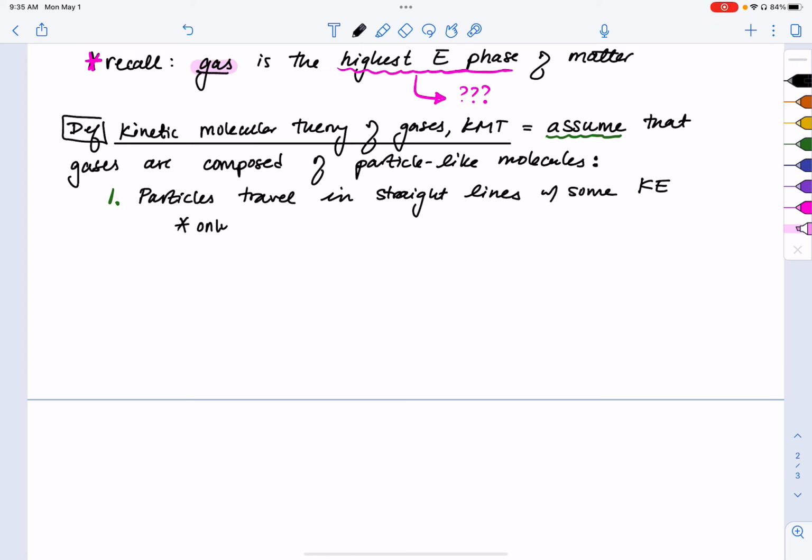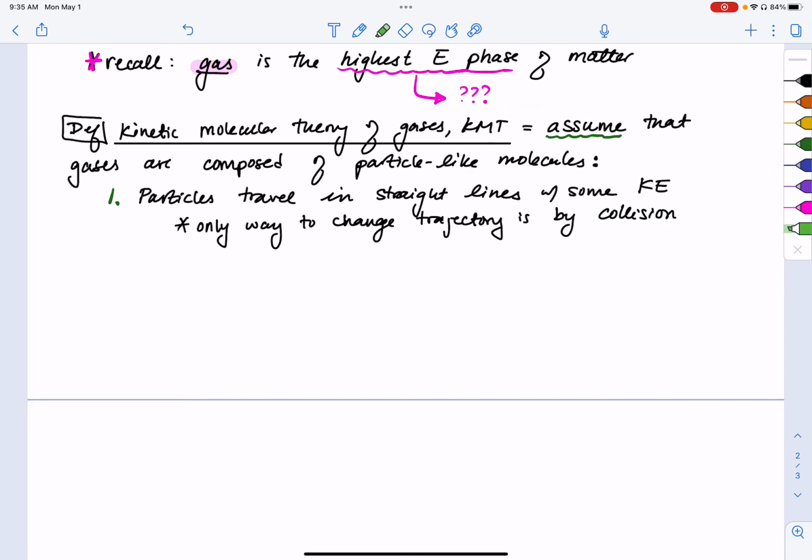And the only way to change their trajectory is by collision. Specifically collision, meaning running into something.